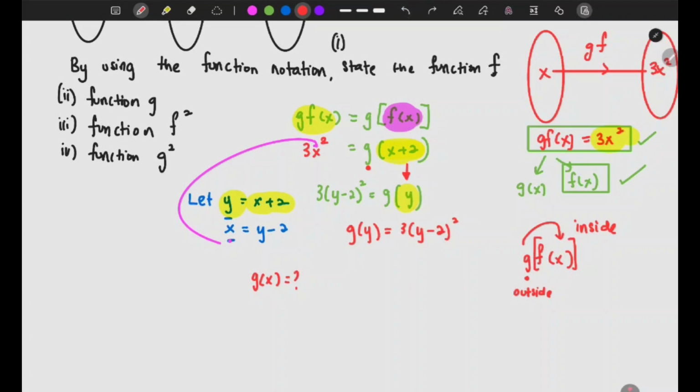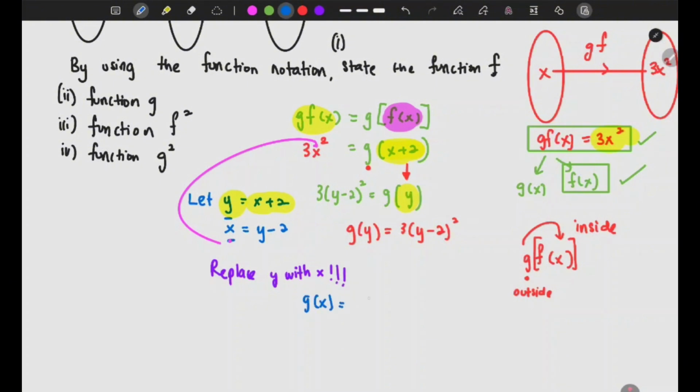That's it. Replace y with x. Done. You got a g(x). It's so simple.